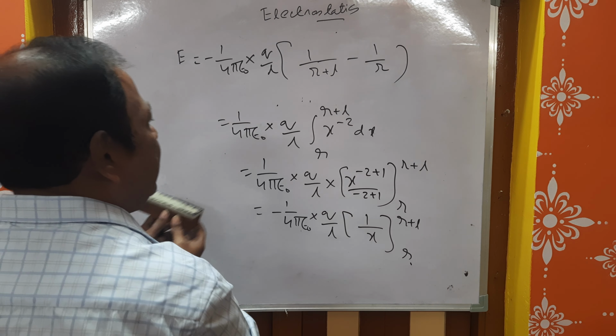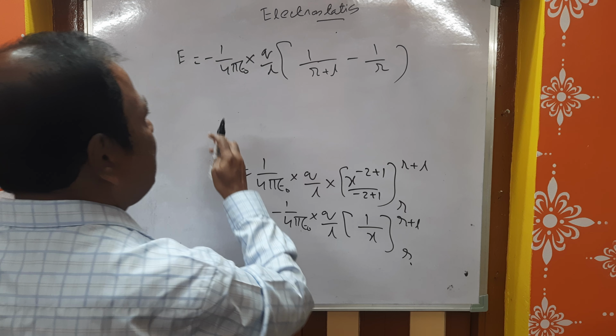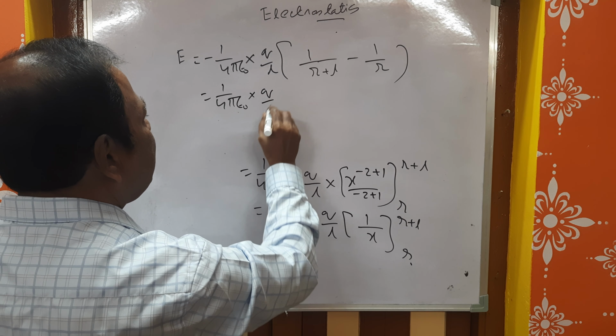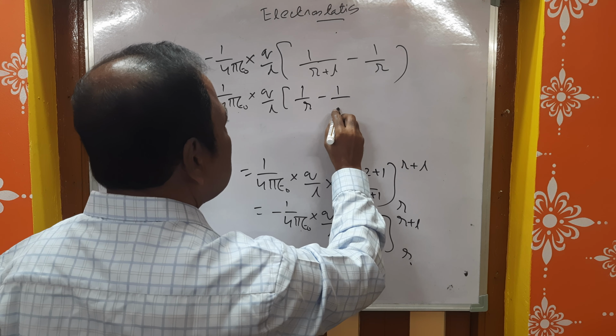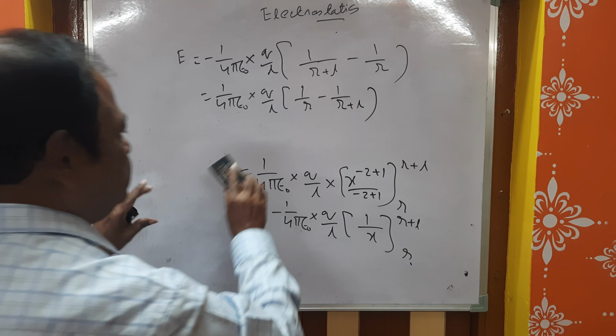So ultimately we can find the result: E is equal to 1 by 4 pi epsilon naught q by L into (1 by R minus 1 by R plus L).